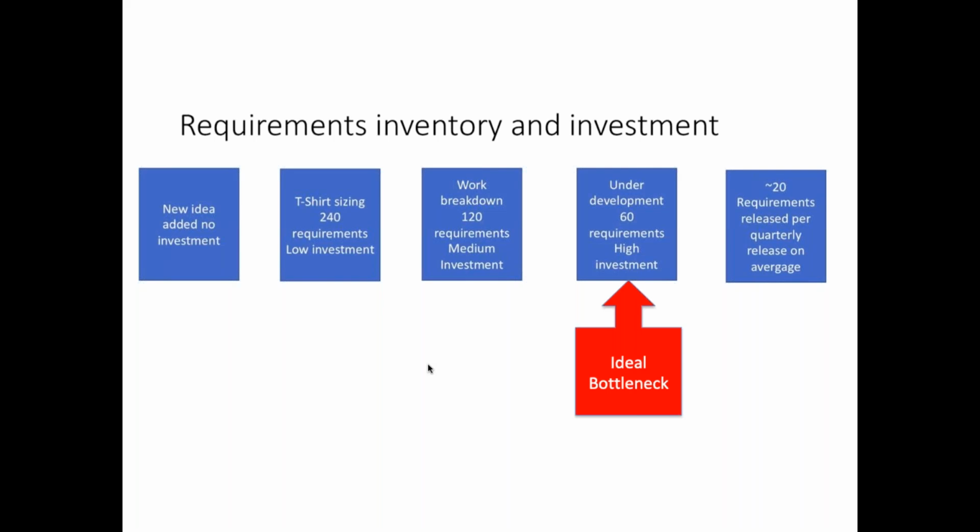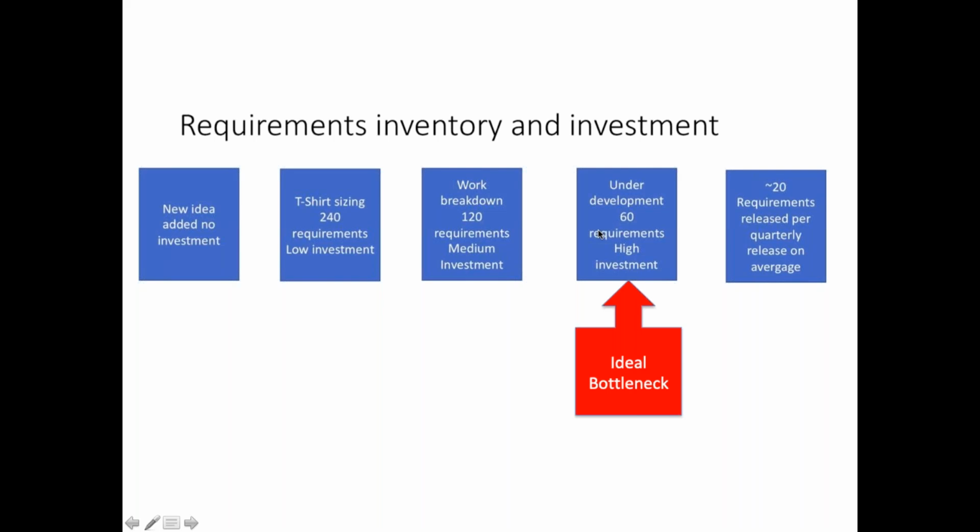And then you can look at the release process. And in this case, what we're seeing is that we're releasing about 20 requirements per quarter, but we've got 60 requirements under development. In this case, what we've designed is we're releasing work into the system in a way that's creating way too much work in process. And what we're going to see is a lot of task switching and a lot of thrash here.